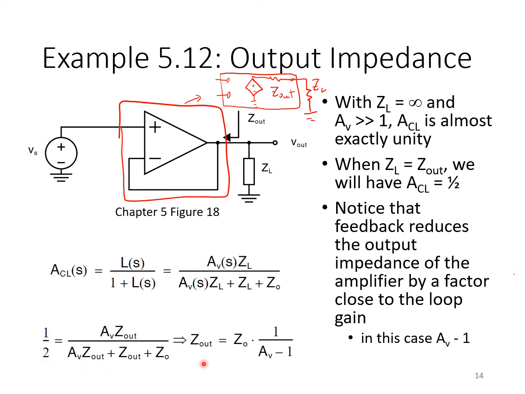And it turns out that the value is shown here. The interesting fact here is that the output impedance of the overall closed loop amplifier is much smaller than the value of the output impedance of the op-amp on its own. It's reduced, in fact, by a factor close to the loop gain, AV minus 1.